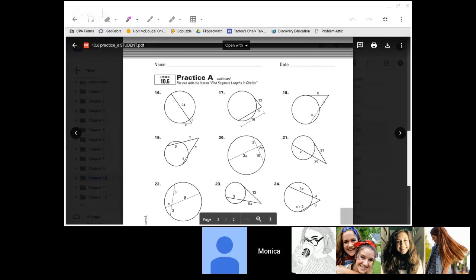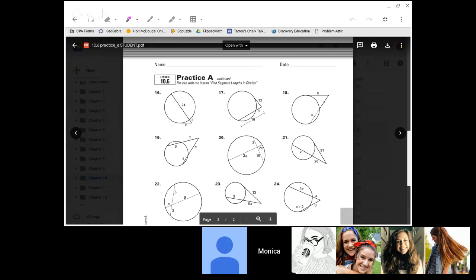Okay, so for number 18 on the worksheet, we have a tangent and a secant, right? So when we use that theorem that we just looked at, we're going to have to do the square of the tangent.